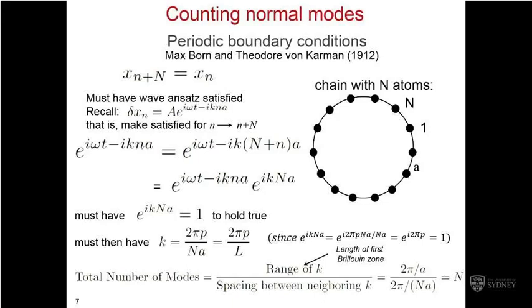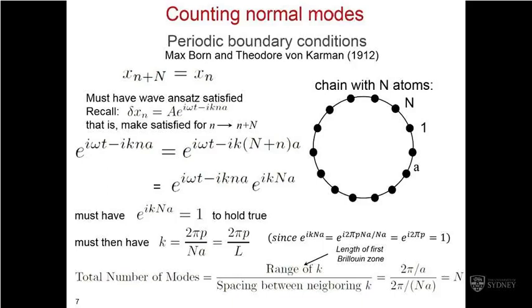And remember, just as before, we call L the total distance. Before we had it to be the length of our solid, and here we have it to be the total distance around the chain. So N times a equals L. So what does that tell us?